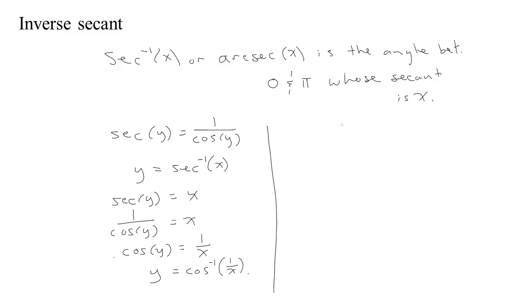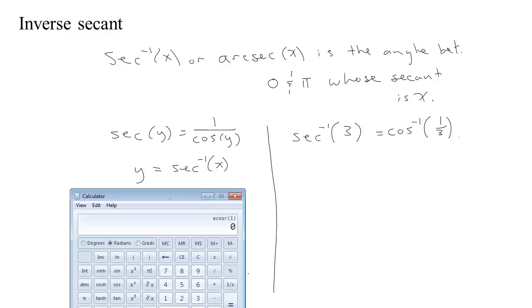Okay, so for example, if you want to find the secant inverse of 3, that's not a nice number, but what you can do is find the cosine inverse of 1/3. Let me show you how to do that on a calculator.